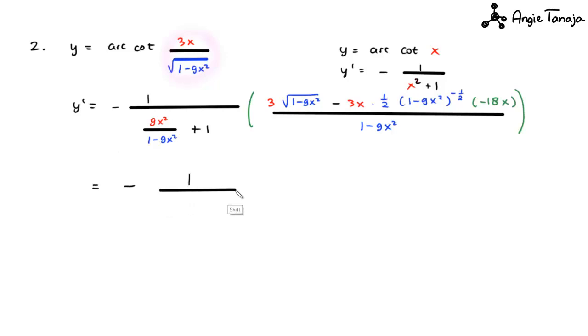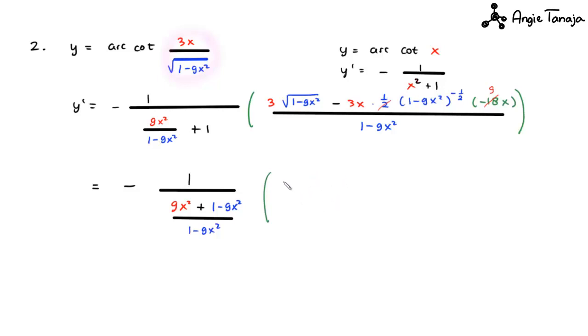1 over, let's simplify this. It becomes 9x squared plus 1 minus 9x squared over 1 minus 9x squared. We make the denominators the same. And then for this one, let's simplify this to 9. So then it becomes 3.